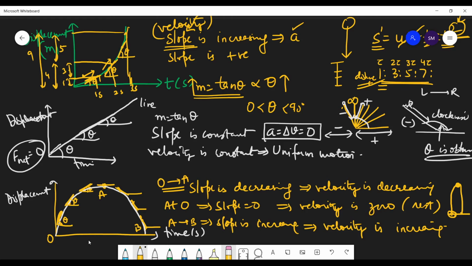So what is the displacement when the ball comes back to the same point from where it started? Zero. And what is the displacement when the ball was at rest? It was maximum, isn't it? Yes, sir. So displacement was maximum when the ball was at rest momentarily.